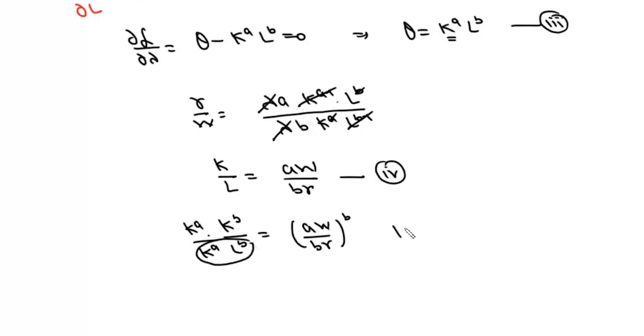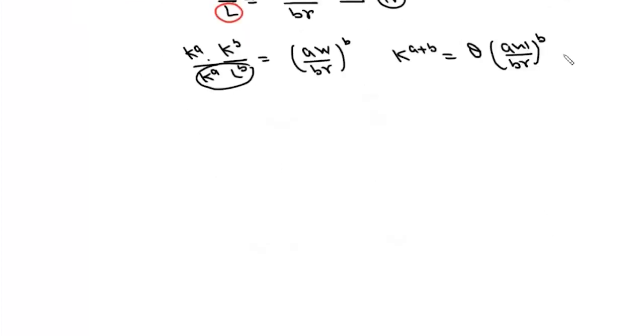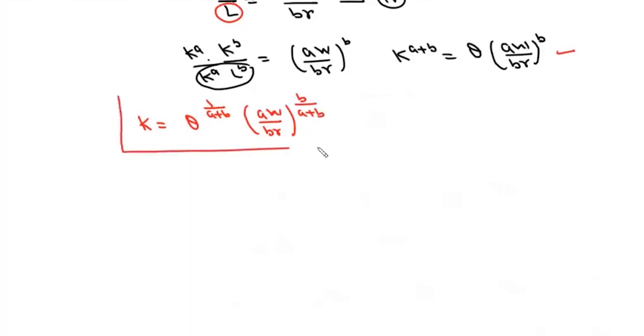So from here we can write K to the power a plus b will be equal to q into aw upon br whole to the power b. So we can write the cost minimizing input of capital K as q to the power 1 upon a plus b into aw upon br to the power b upon a plus b, and this is our first answer.